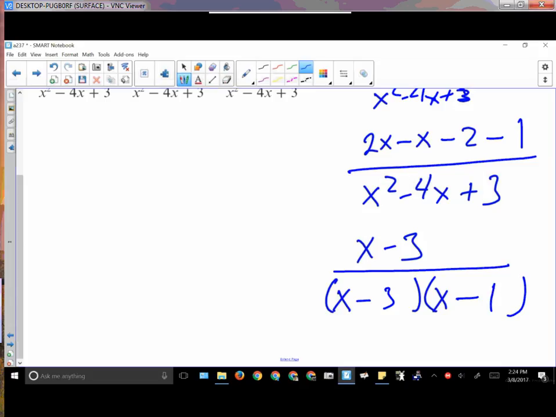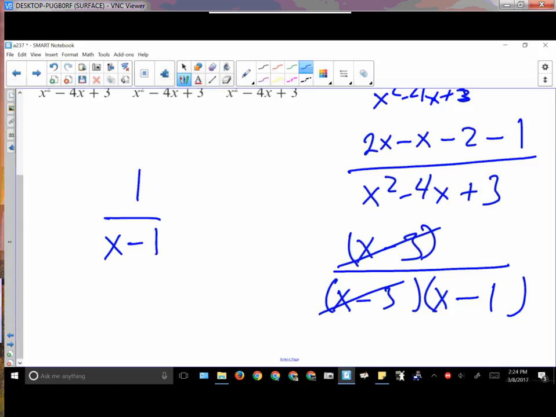Will x minus 3 cancel with the x minus 3 on the bottom? Does this one up here cancel with that? Boom. So now all we have left is just 1 over x minus 1.